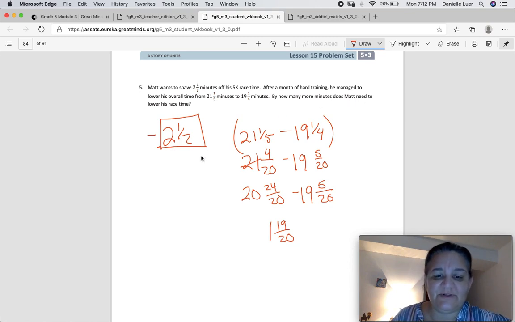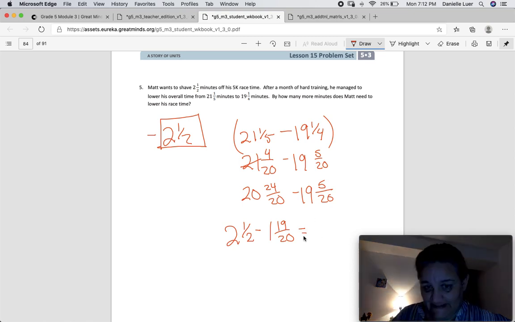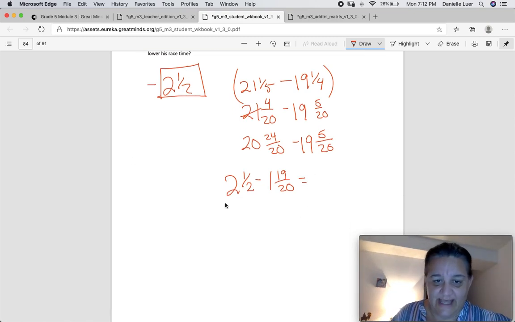So now we're going to subtract this, 2 1/2. That's what he wanted to, but this is what he did. So this is how much more he needs. And I'm going to turn that into 20ths because that would make the most sense. Minus 1 and 19/20.